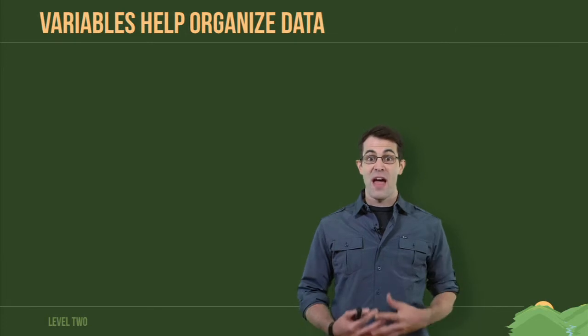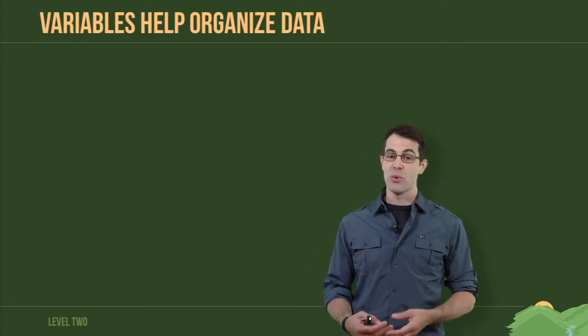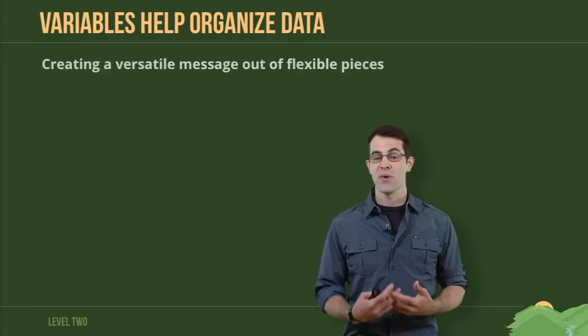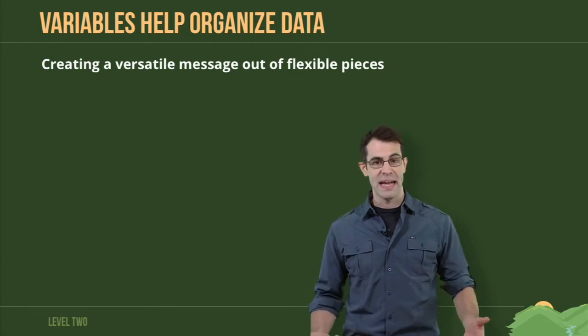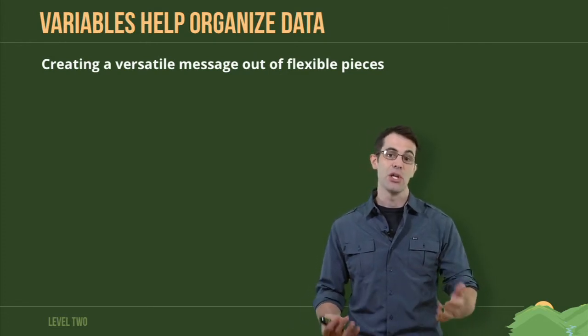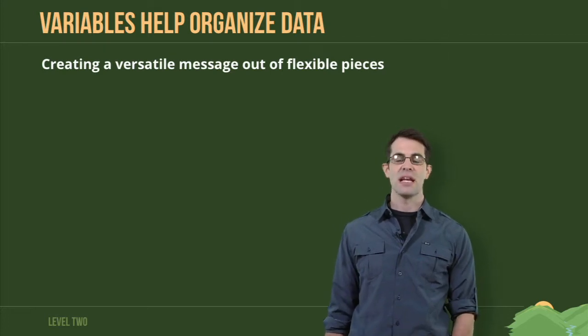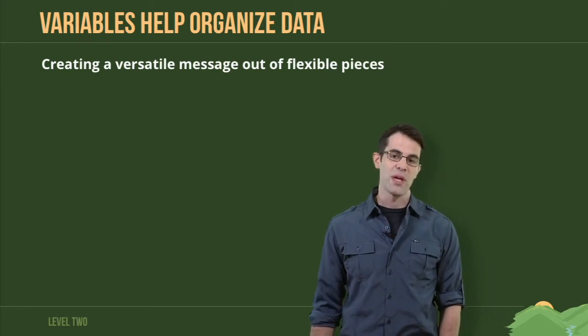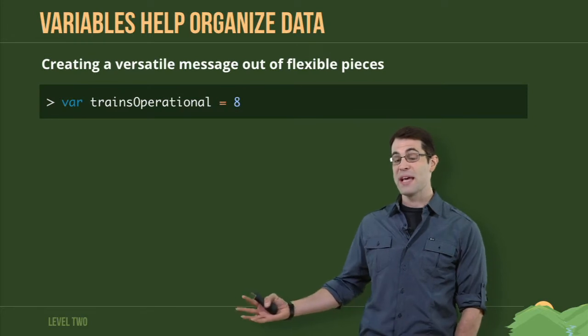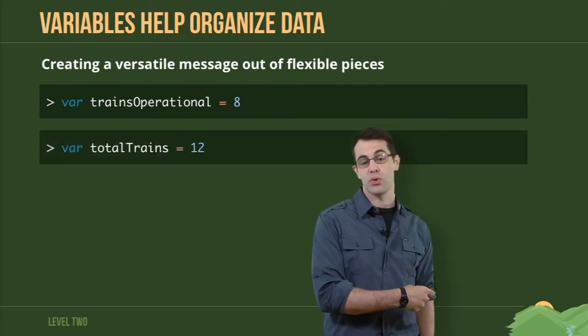Variables are essentially the foundation of programming. They help us organize our data, and we're able to create very powerful and complex and flexible messages using variables which can be modified. Let's say that we were designing a train system, and we have a certain amount of operational trains out of a certain amount of total trains.